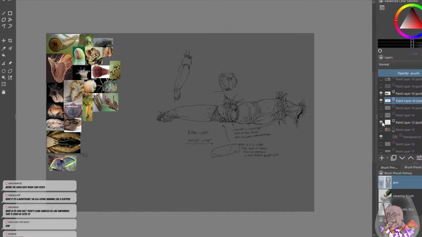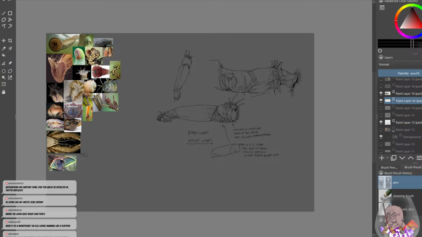Okay, I do want to take this guy as inspiration. So, scoop. So the shell, we can definitely do some turtle inspiration. This is a very weird turtle.